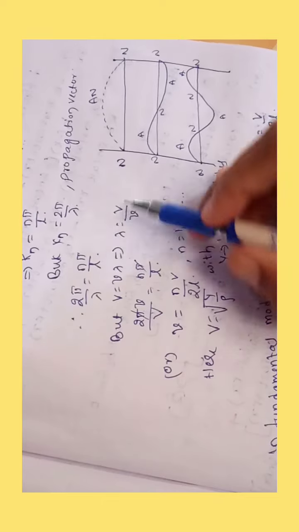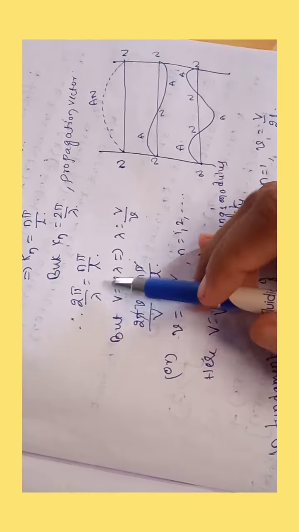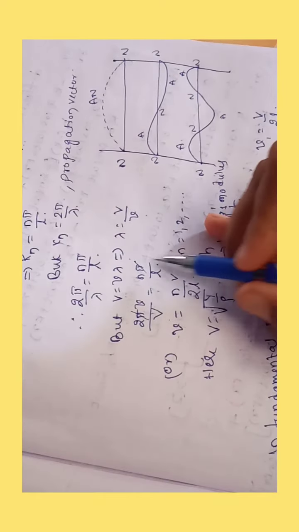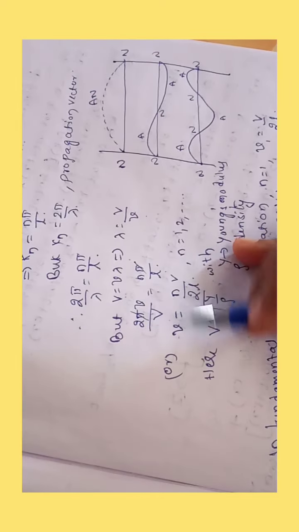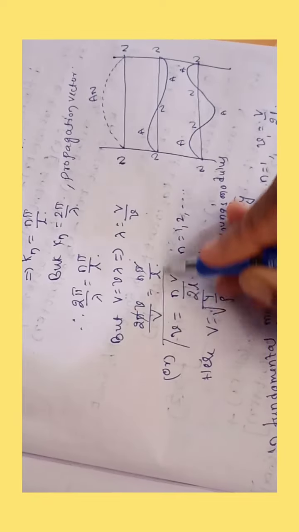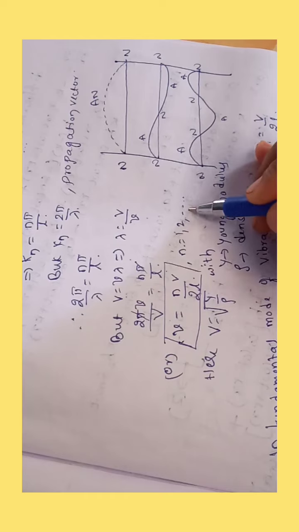So from that, lambda will be equal to v by nu. Right? So substituting the lambda value, 2 pi nu by v is equal to n pi by L. Pi if we strike off, we get nu equal to n v by 2L. So this is the required equation for the frequency with n equal to 1, 2 and so on.